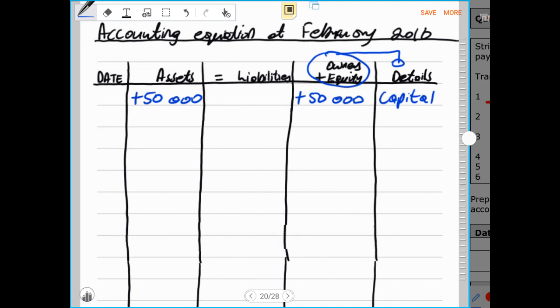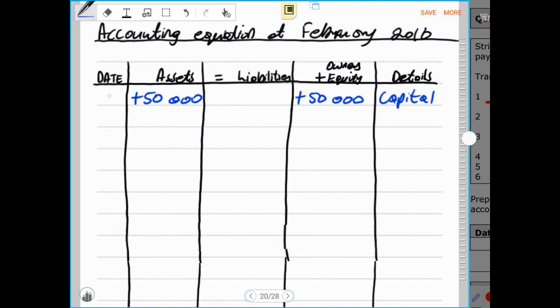So if there are 4 things that can affect our owner's equity, it becomes very important that we also explain what the entry is all about. That is why we don't just record the amount, but we also explain under details what a specific amount is for.